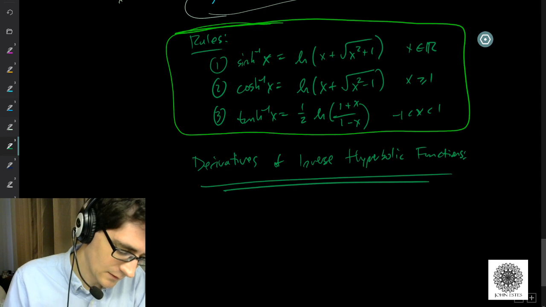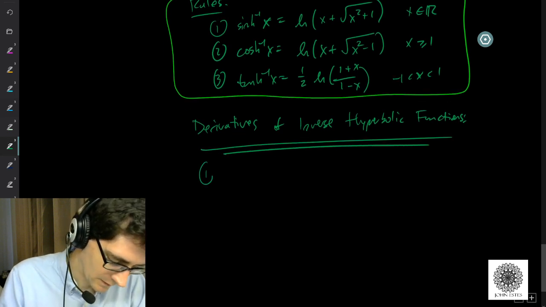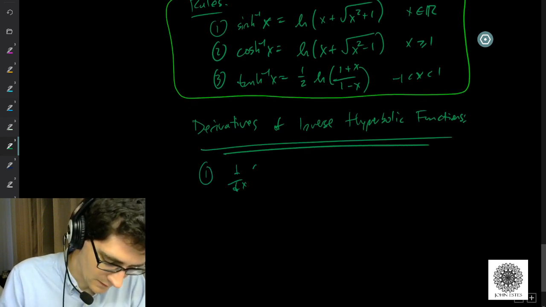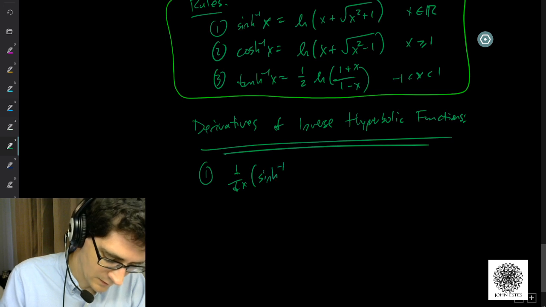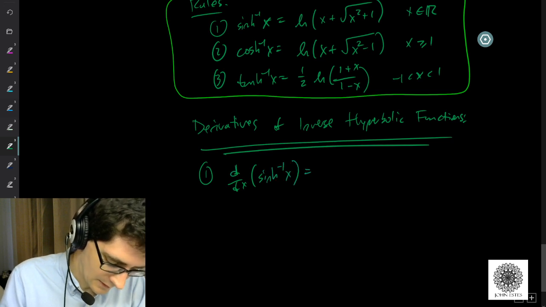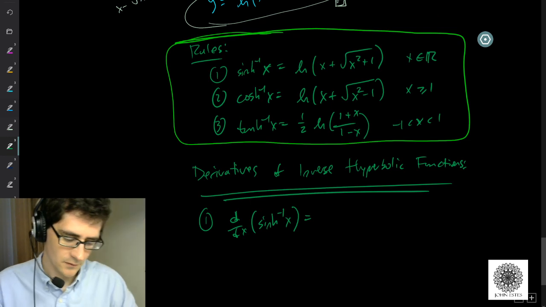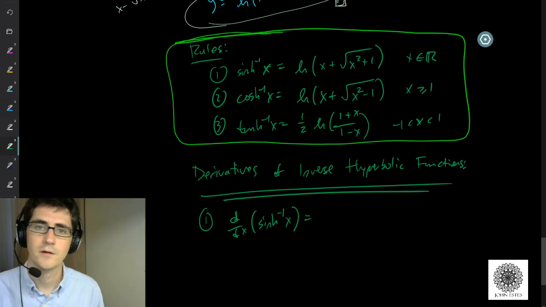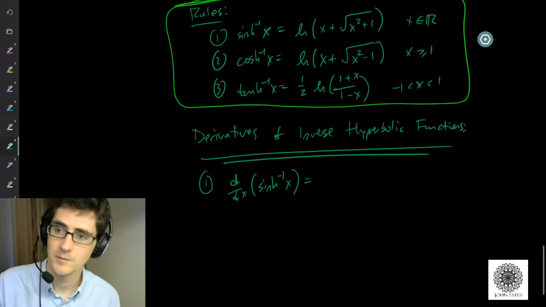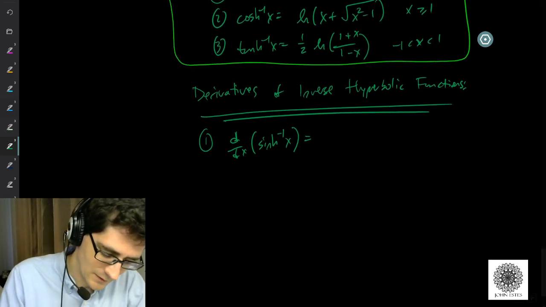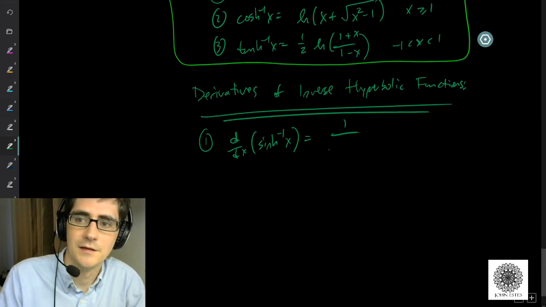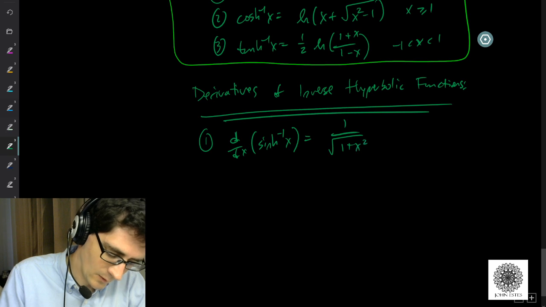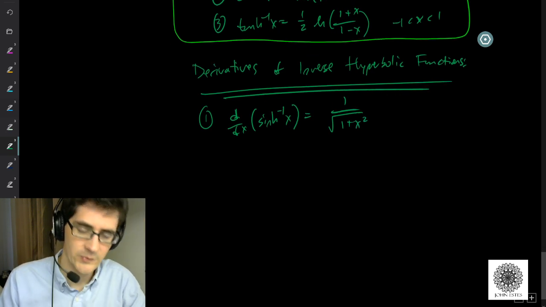So instead of saying the derivative of sinh inverse, how do I calculate that? By taking the derivative of ln of x plus the square root of x squared plus 1. And when you do that, we won't go through the details, you end up with 1 over the square root of 1 plus x squared.